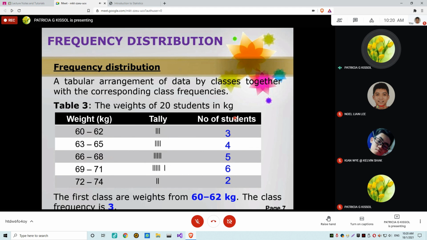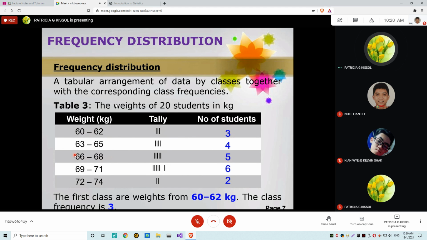Okay, so that's how we categorize the raw data to become a frequency distribution table, just like what you've seen here. And from this frequency distribution table, we can get a lot of statistical information that would help us make decisions, like information about the weights of students.